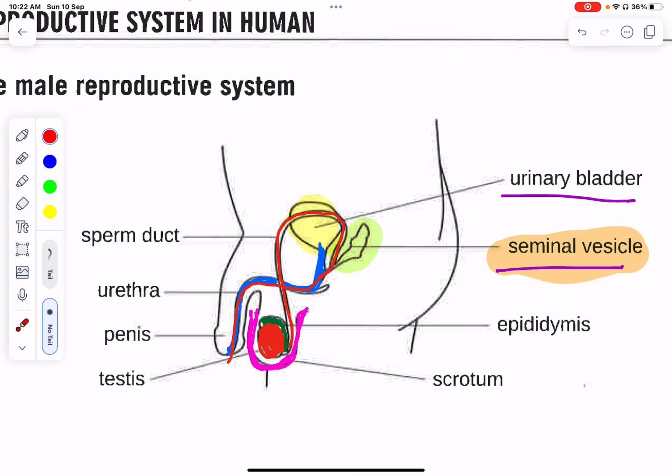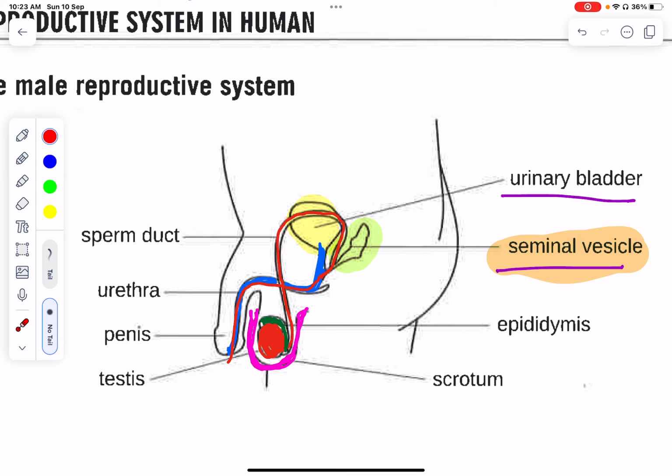Then of course you have the penis, to help facilitate ejaculation, or the transfer of the sperm to the female body. And then you have the urethra. The urethra is quite unique in the sense that it's the same passageway for both urine as well as semen. Then lastly you have the sperm duct.